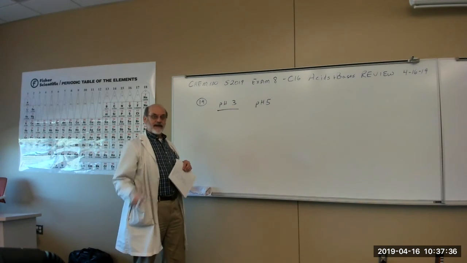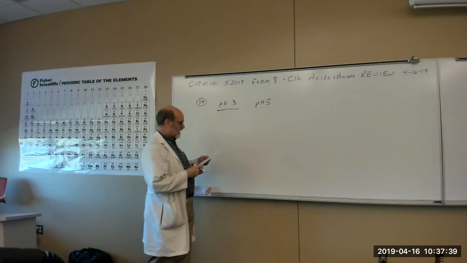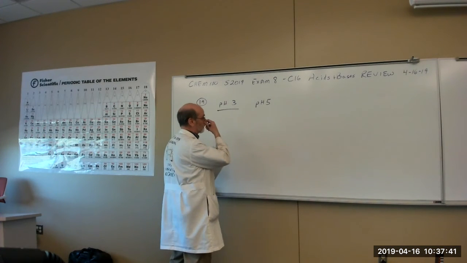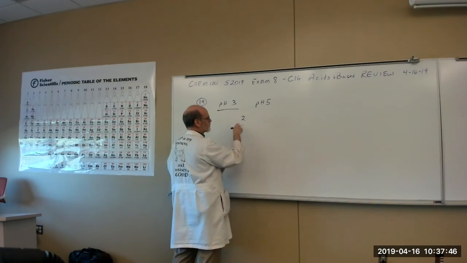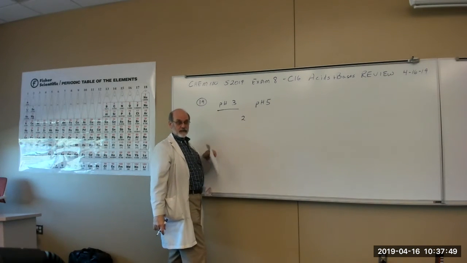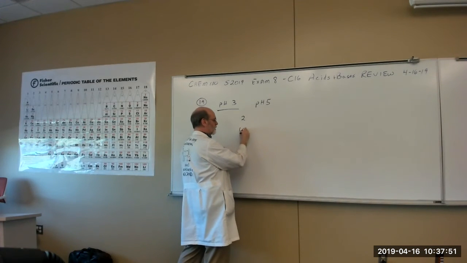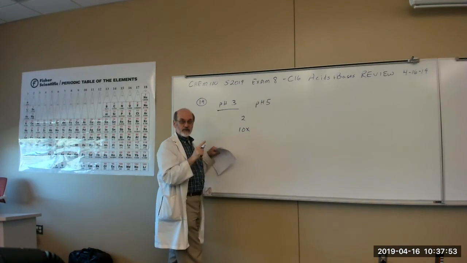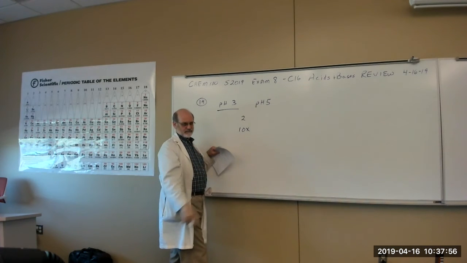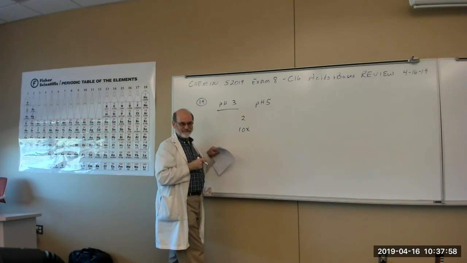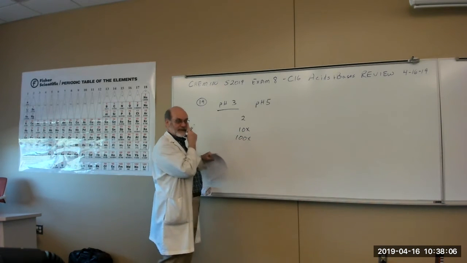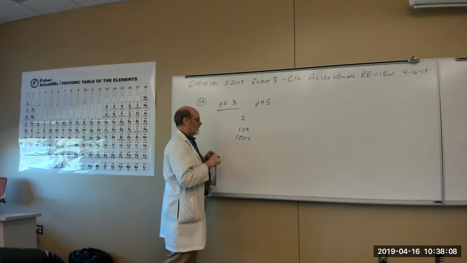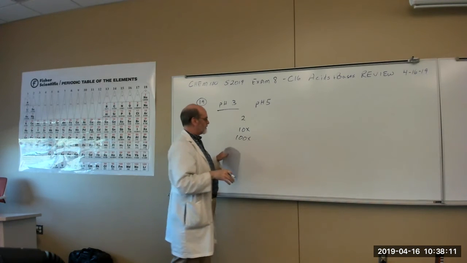Then the question is, how much more? How many times more hydrogen ion concentration is it? What's the difference here? A difference of 2 pH units, right? 1 pH unit is 10 times. 2 pH units would be what? Right, 100. Oh, 10 times 10. Okay.